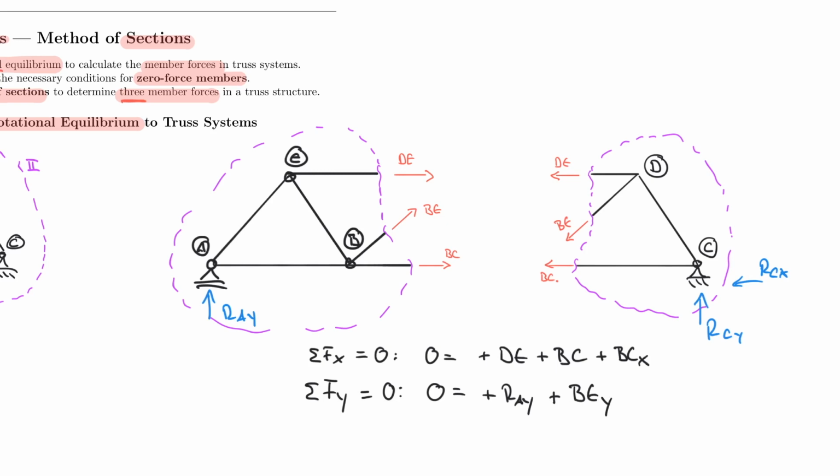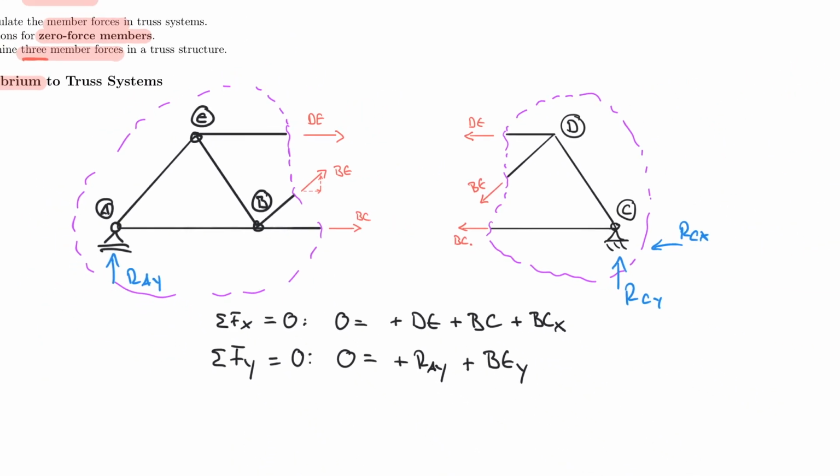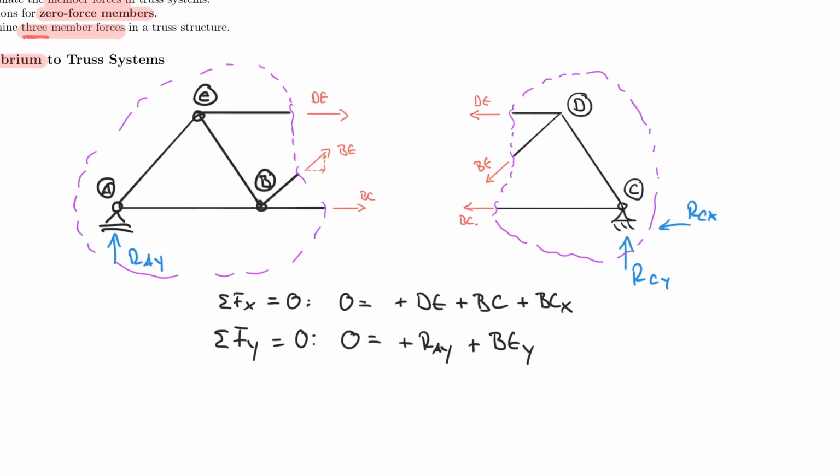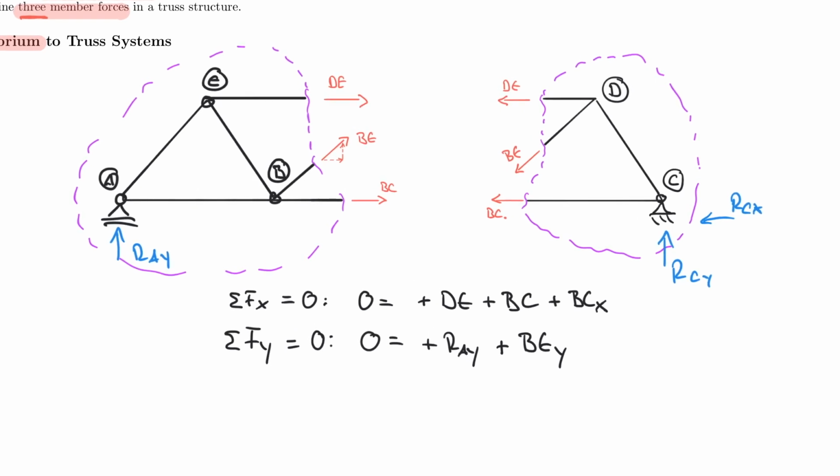Right? So let me clarify that real quick. BE has, of course, a horizontal component and a vertical component. And in this case, since we assume tension, they go to the right and up first. And so now you can tell already from this picture that BE would have to point down against RAY.